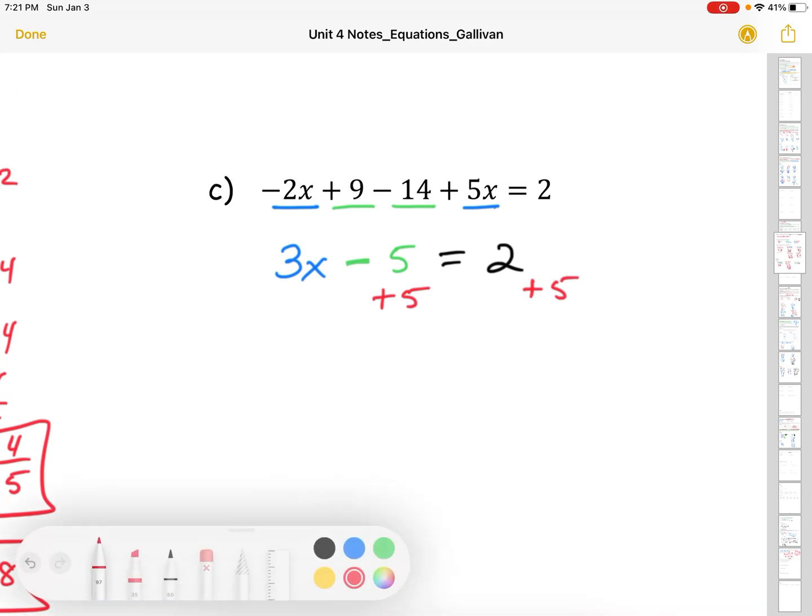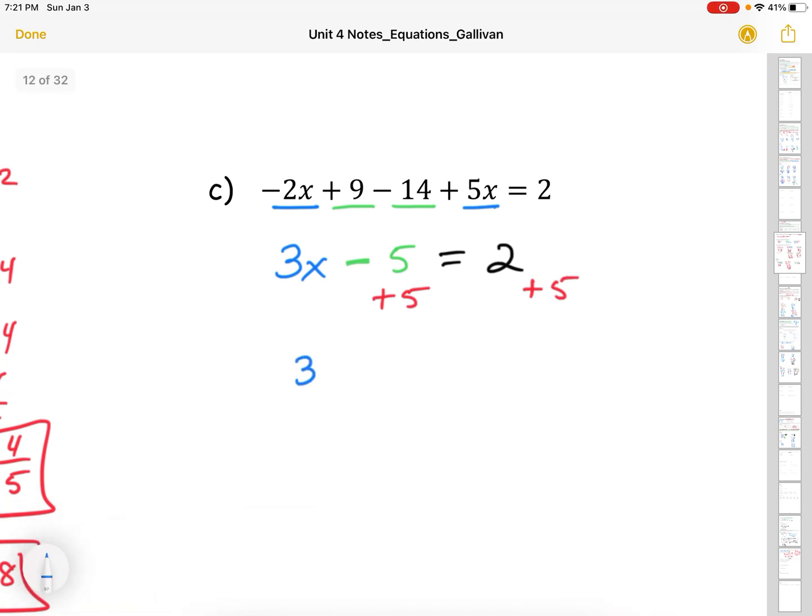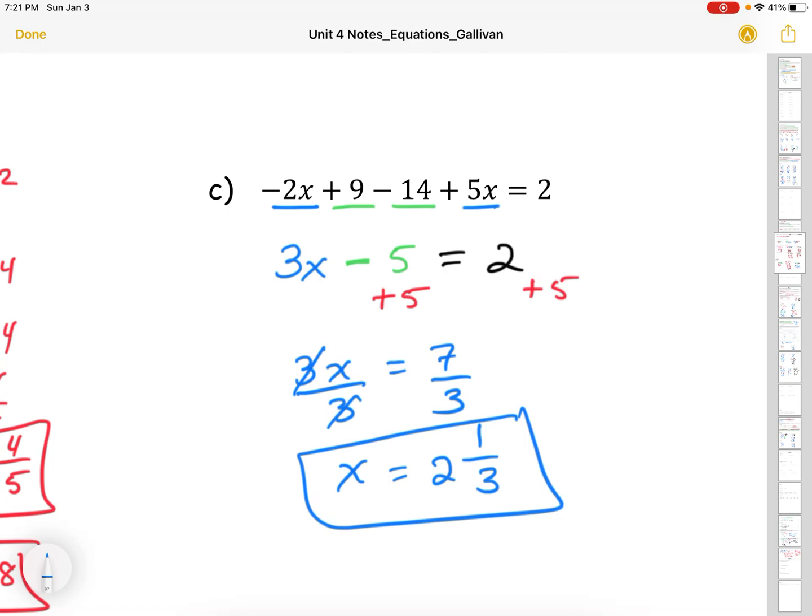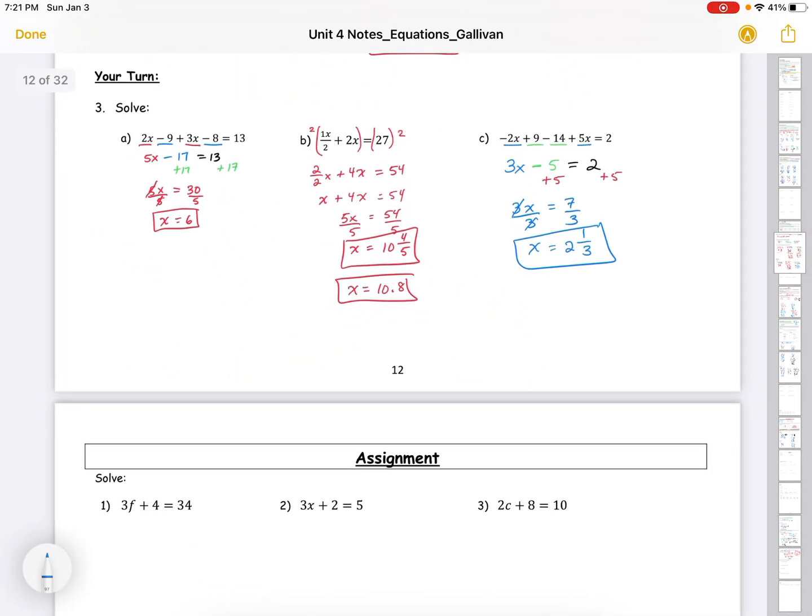So now I can add 5 to both sides. So I'll get 3x is equal to, well, 2 plus 5 is 7. Divide both sides by 3. Reduces out on that side. 3 goes into 7 twice with 1 left over.